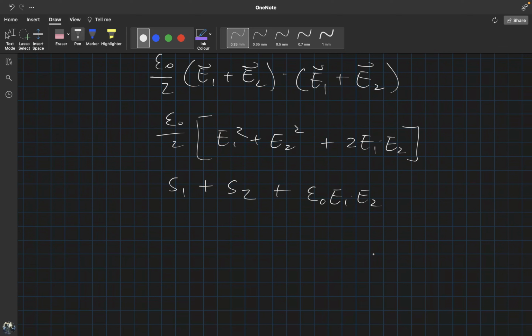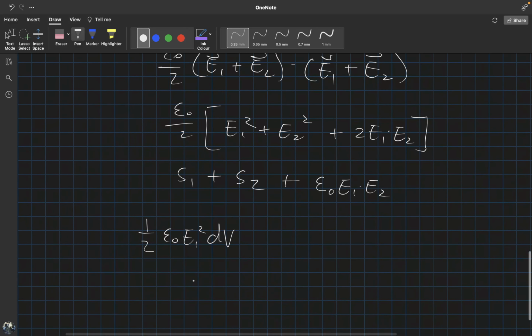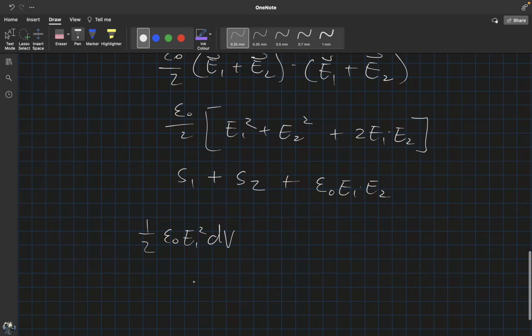If I integrate the first one, I get half epsilon naught E1 square into dV. I can do that for inside of the first shell and I'll be getting the self energy of the first shell. Similarly, I'll do it for the second shell and get its self energy.